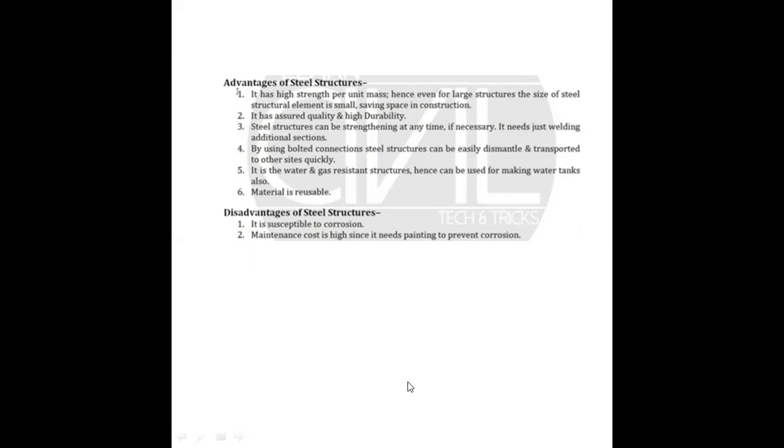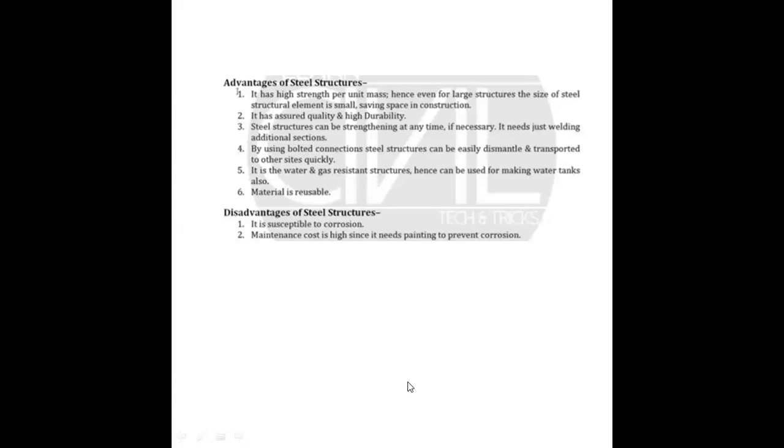Steel structures can be strengthened at any time if necessary, just by welding additional sections or using bolted connections. They can be easily dismantled and transported to other sites quickly. It is a water and gas resistant structure, hence can be used for making water tanks also. The material is reusable.